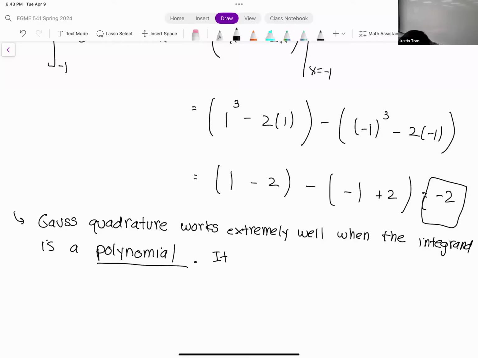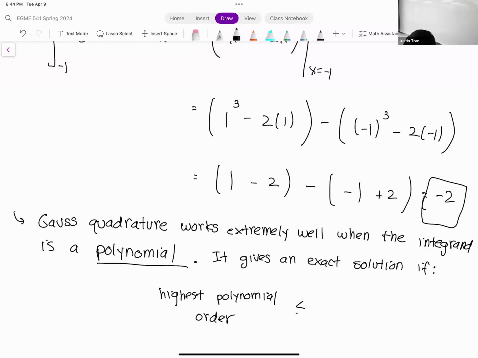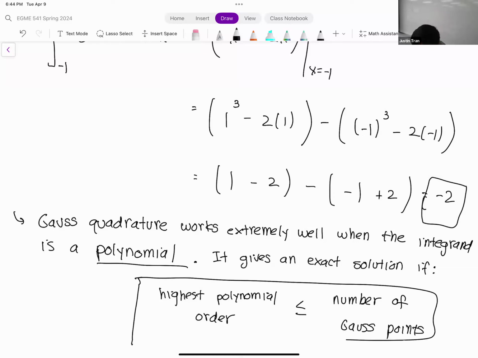So it actually gives you an exact solution if the highest order of the polynomial is less than or equal to the number of Gauss points that you choose.